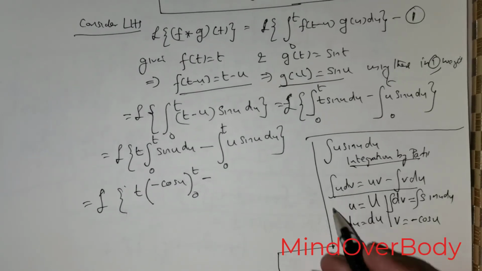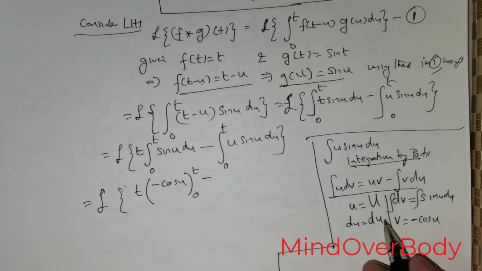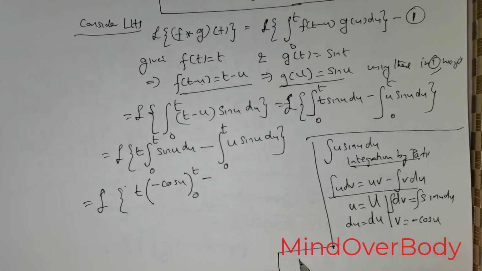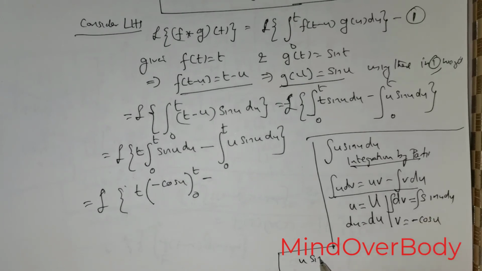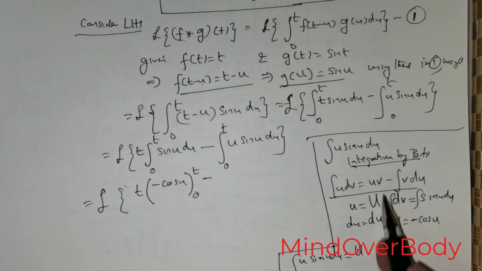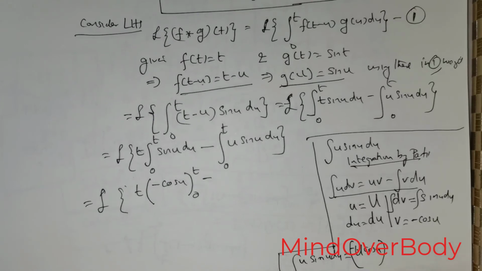So the integral of u dv, that's going to be my U times dv, which is sine u du, and that is equal to uv. My U is capital U and my v is negative cos u. Of course I'm not going to touch the limits now.